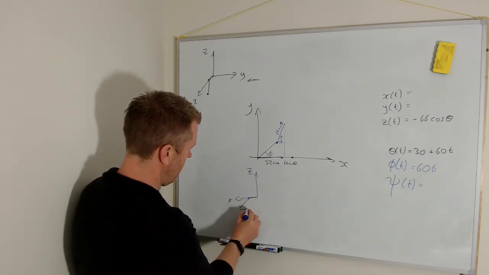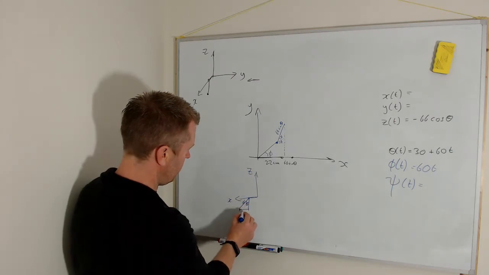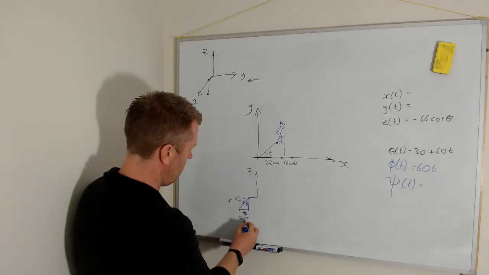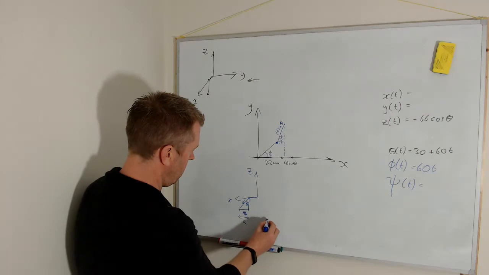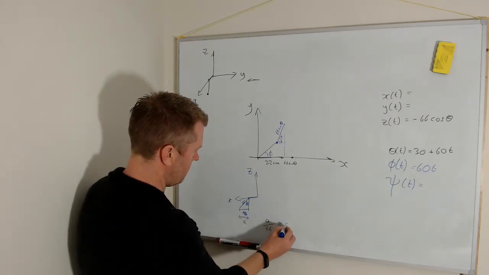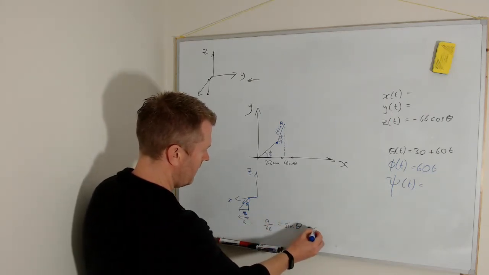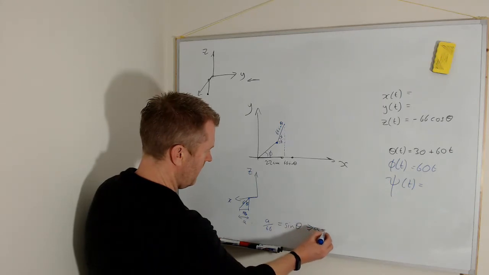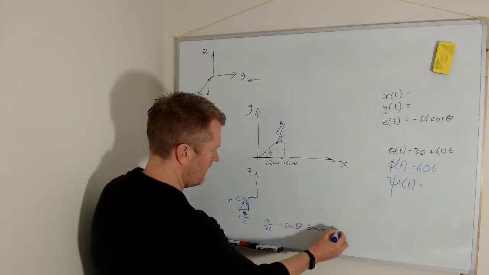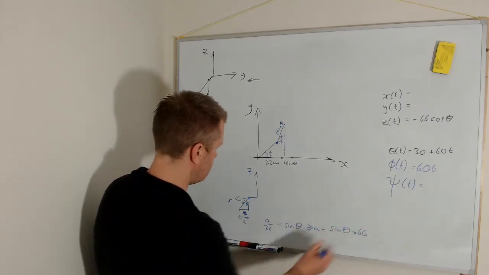It's now sticking out. This was 66, this was theta, so a over 66 equals sine theta, which implies a equals sine theta times 66.